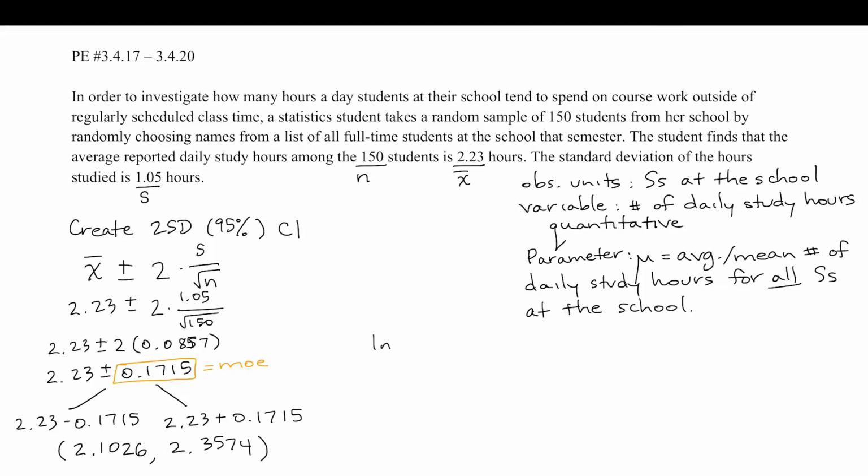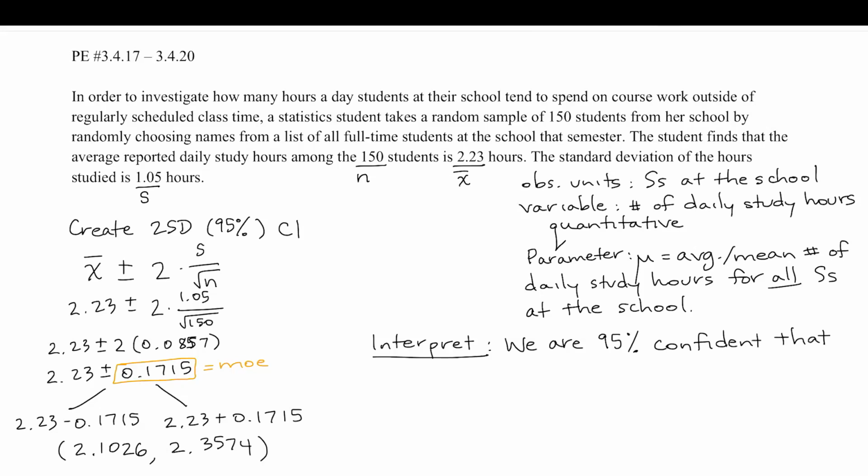It didn't ask us to, but just for the practice of it, let's interpret the interval. So we always start with the same phrase. We are blank % confident. In this case, our confidence level is 95%, so that's what we'll use.